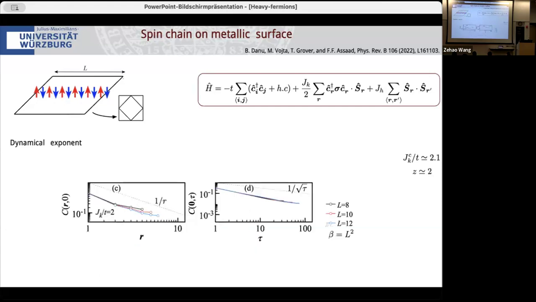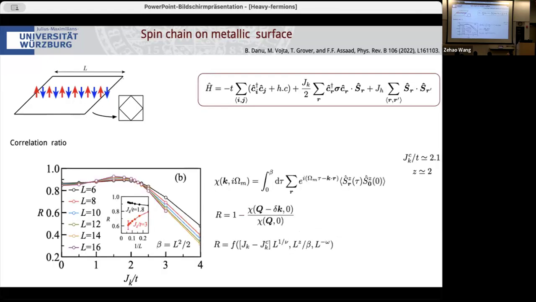So we place ourselves at JK 2.1 and measure things in real space and see that there is a 1 over r decay, and then we measure things in imaginary time and see that there is a 1 over square root of tau decay, right? So space and time are different, and in this case this corresponds to a dynamical exponent z of the order of 2.